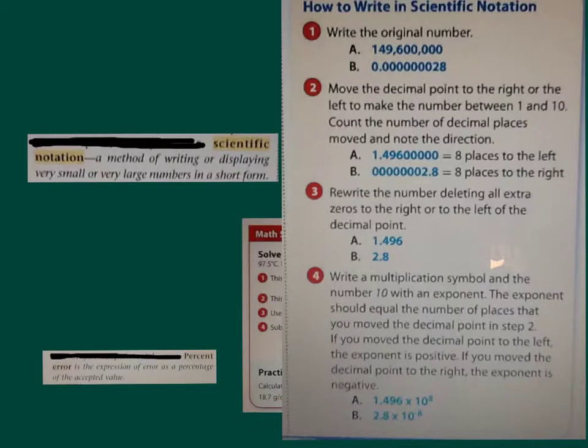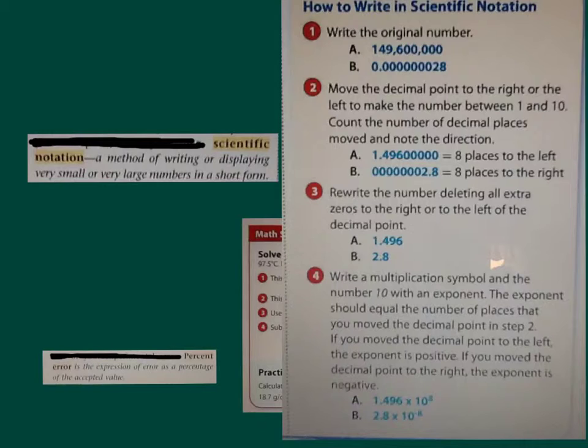So please write that word down, and also the definition that's beside it, which is a method of writing or displaying very small or very large numbers in a short form. Write that in your science journal. We're going to try to convert some of these numbers so that it makes it a whole lot easier for you to use in your report.